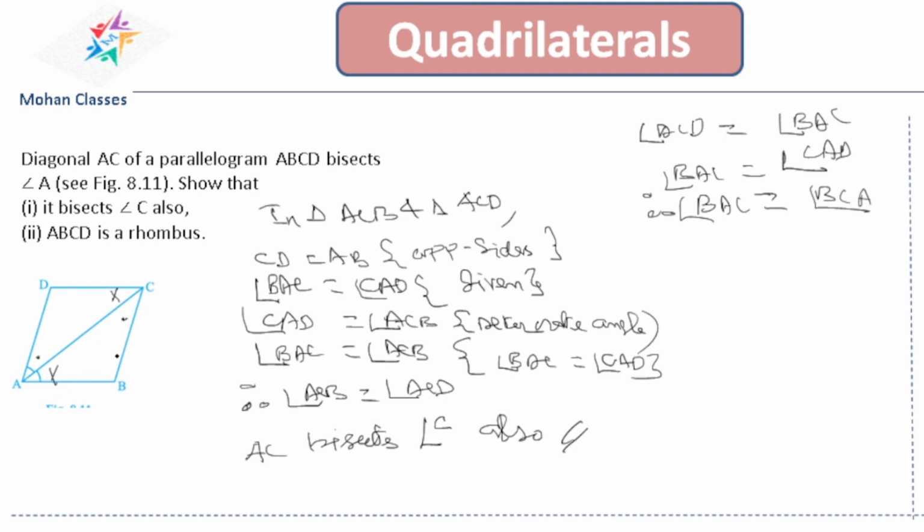Equal angles mean opposite sides are equal. These two sides are equal, therefore AB is equal to BC. Sides are equal because opposite angles are equal.